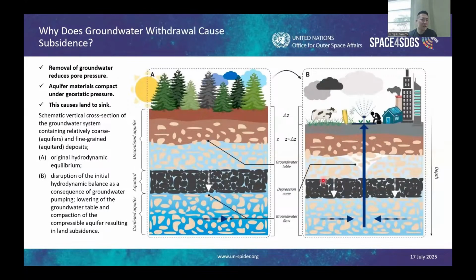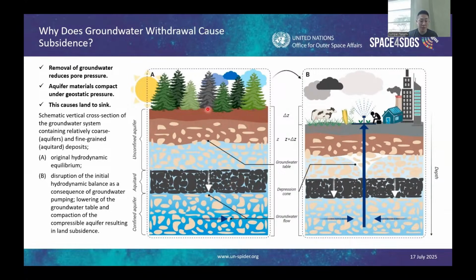So why does groundwater withdrawal cause subsidence? Removal of groundwater reduces pore pressures, and aquifer materials compact under geostatic pressure. This causes the land to sink. As I said, these are the confined aquifer, the aquitard, and the unconfined aquifer.